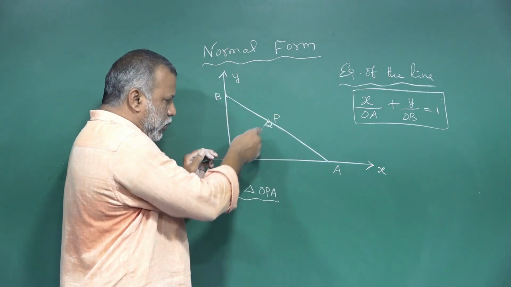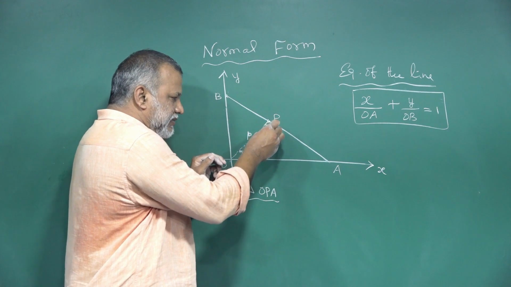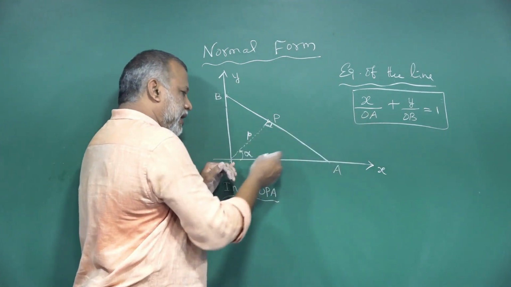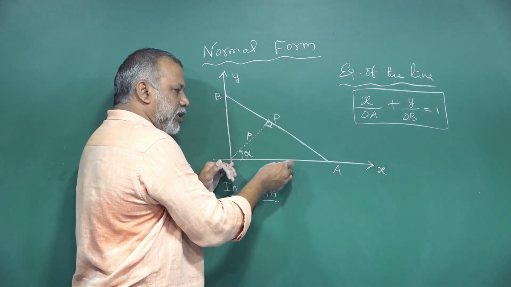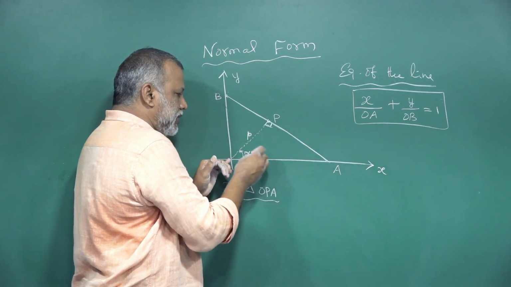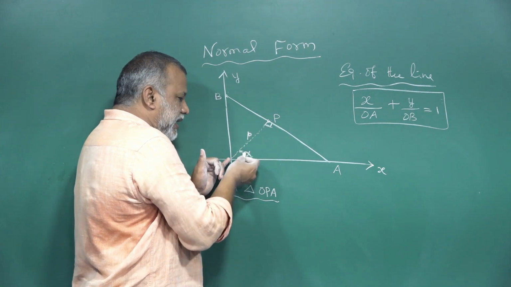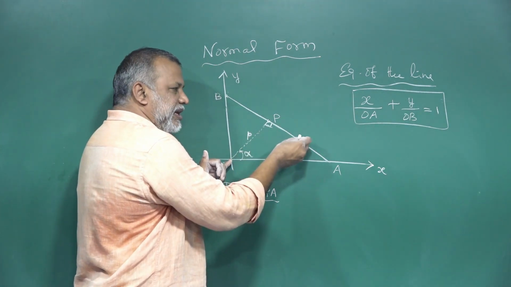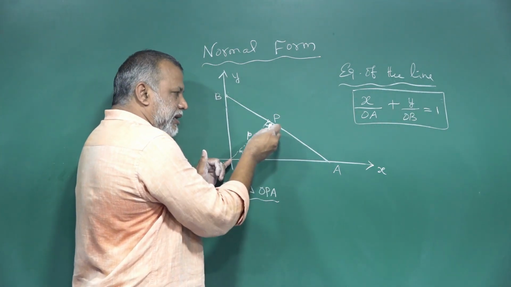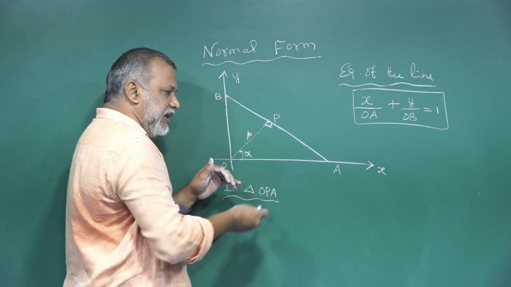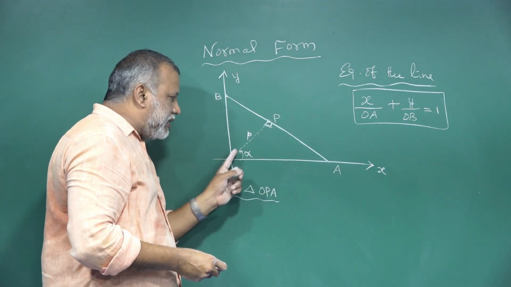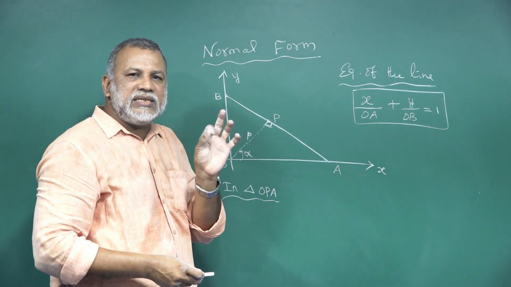This value is known, that is P. This value we want to find, OA. So this is the hypotenuse. This is an angle alpha. This is said to be OP. See here alpha here. So automatically we can say it is the opposite side. Then it is 90 degree here. Automatically we can say this is the hypotenuse. Therefore this side is called the adjacent side.